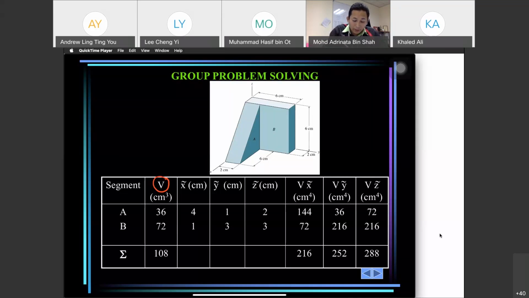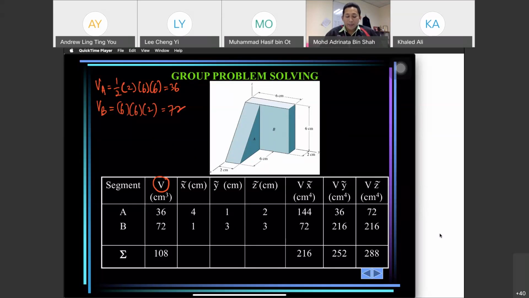Volume of A is 1 over 2 times 2 times 6 times 6. Okay, so it is 36. Volume for B is 6 times 6 times 2. So it is 72.